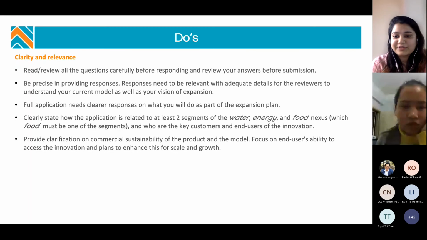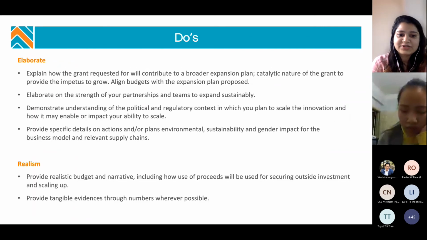But towards the end of the program, at least you should be on a clear path to having a very self-sustainable model. And when I say self-sustainability, the focus would be on end users' ability to access the innovation, because eventually that's the target segment and the impact that you're trying to create. So focus on end users' ability to access the innovation and the plans to enhance this.